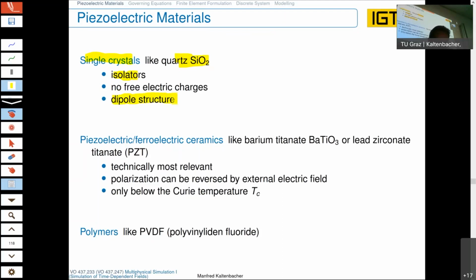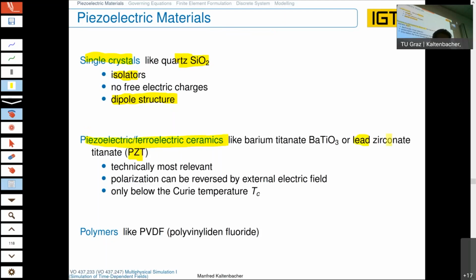Single crystals, well, they are not so suited because the coupling factor, meaning how much energy you get from the electric side to the mechanical side or vice versa, is not as high, but that gets quite high if you have so-called ferroelectric ceramics.